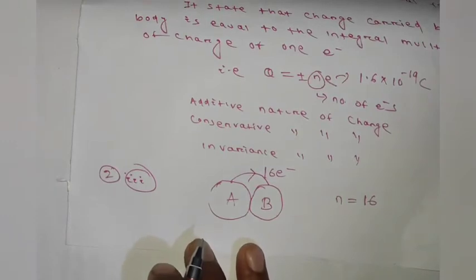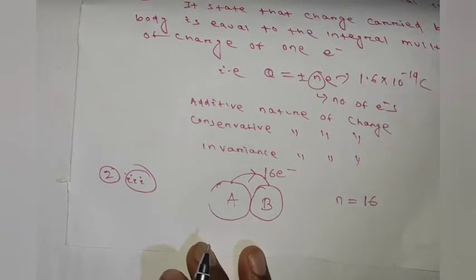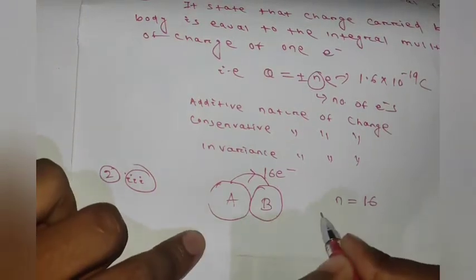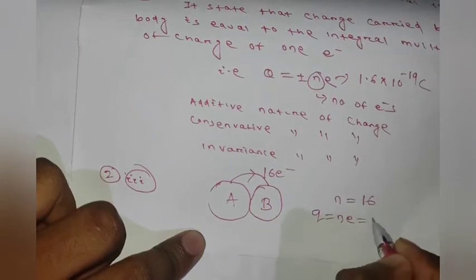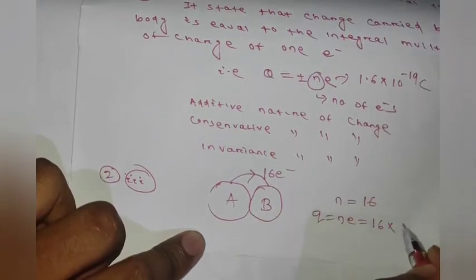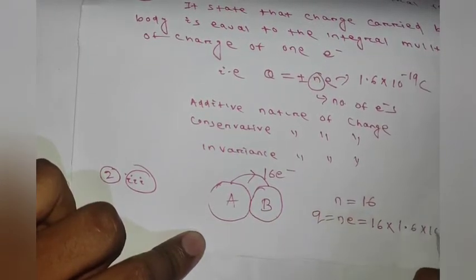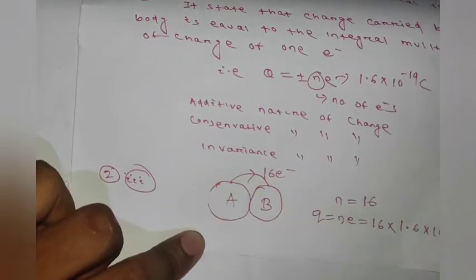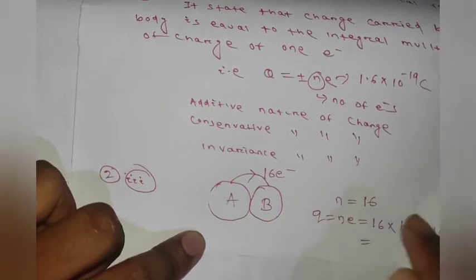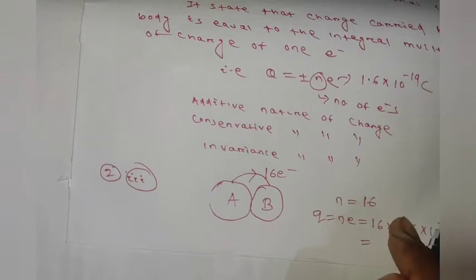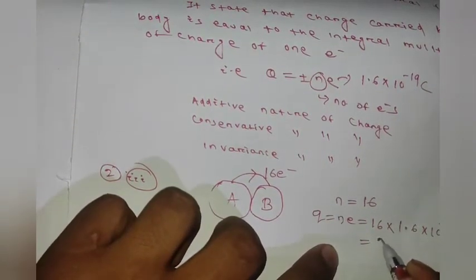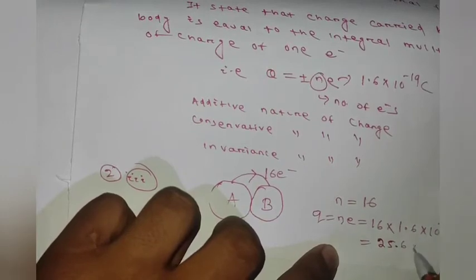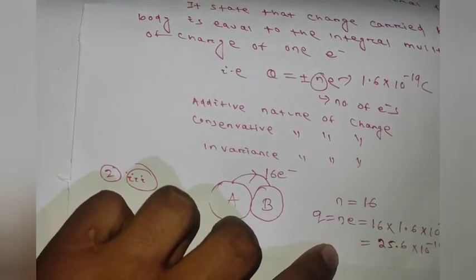Then it was asking how much charge and mass will transfer. So how much charge will transfer? Q equal to Ne. N is here 16. e is what? 1.6 into 10 to the minus 19 coulomb. So what will be the value? 25.6 into 10 to the minus 19 coulomb.